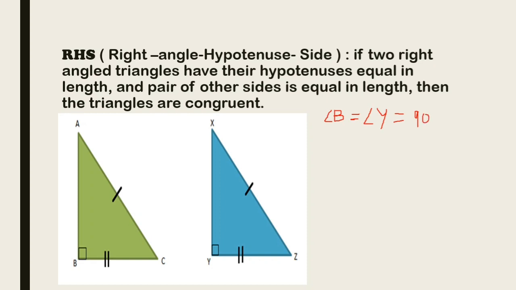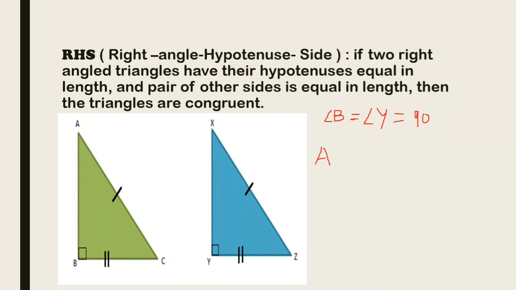And then, what is the hypotenuse here? Opposite to B, it means side AC.